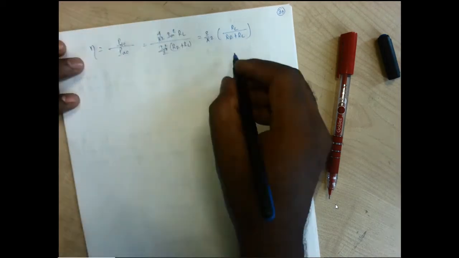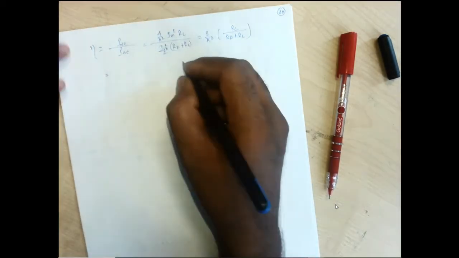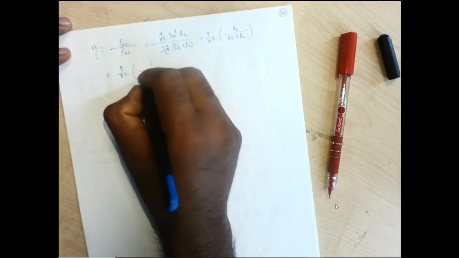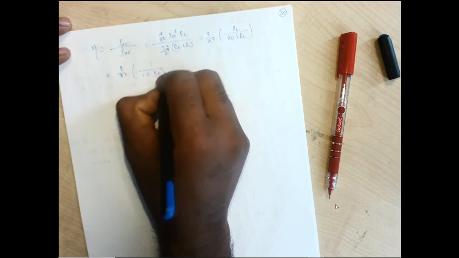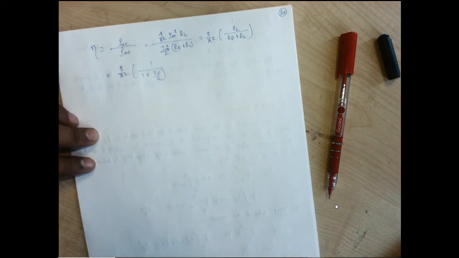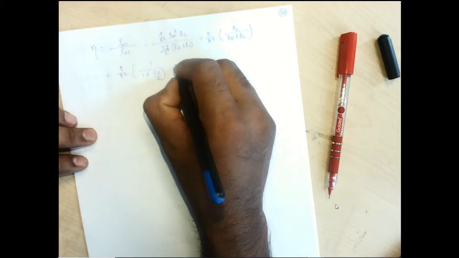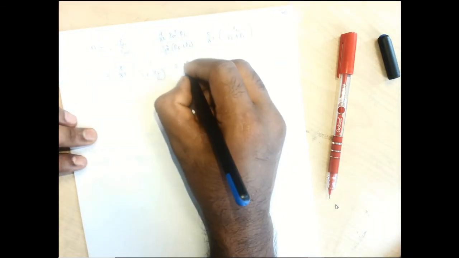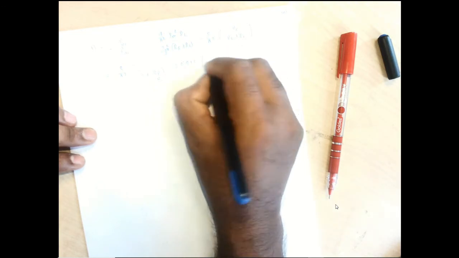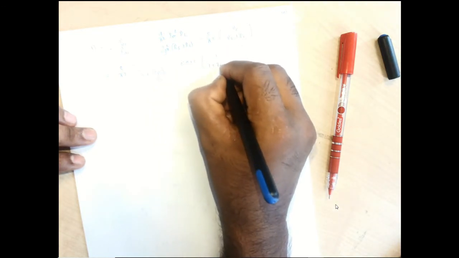Taking out the value of 8 by pi square, this is 0.811 into 1 by 1 plus RF by RL.